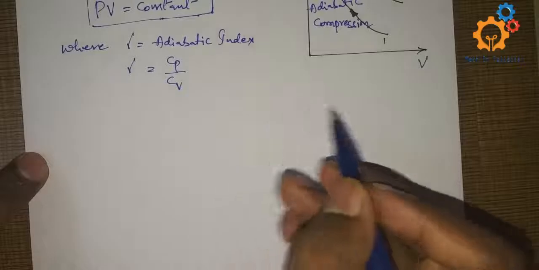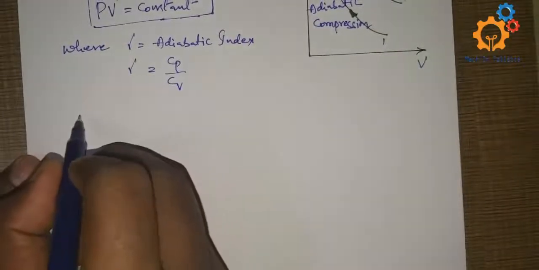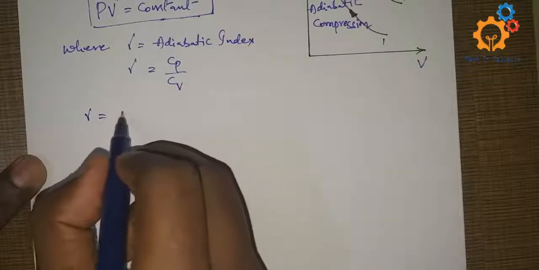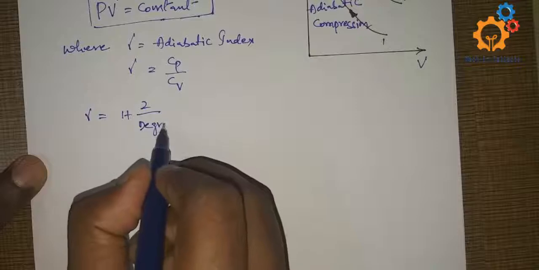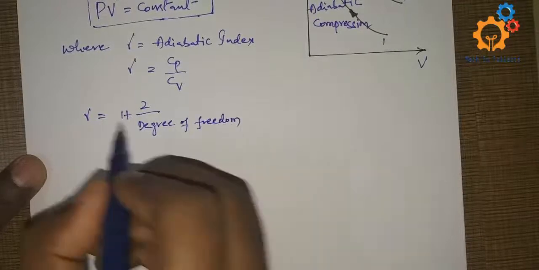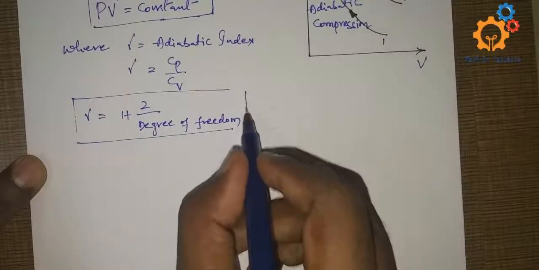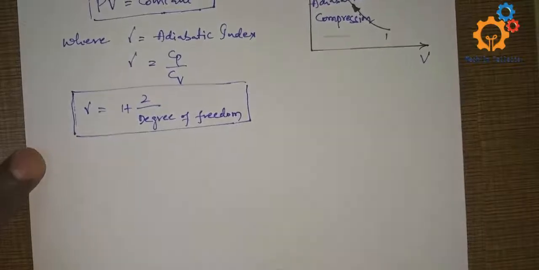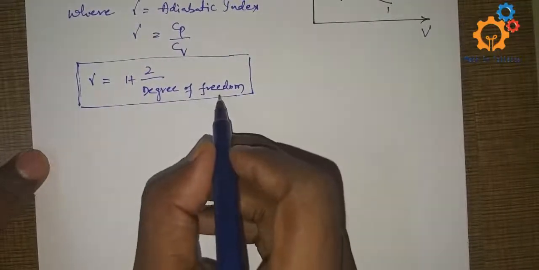In chemistry we have already learned them. Gamma is a function of the degree of freedom of the gas, and this degree of freedom is different for different gases.